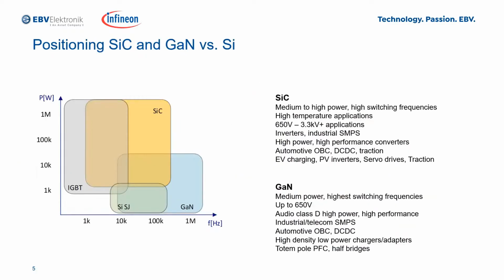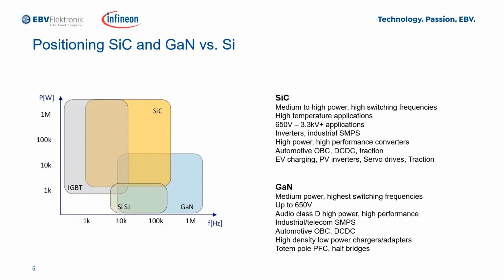Having said this, there is a question: in which application is the best fit GaN, silicon carbide, or silicon? And here there is a famous graph that can maybe give a hint in which direction to think. For sure, gallium nitride is reserved for very high switching frequencies. Then we still have IGBTs that are leaders in low switching frequency, very high power equipment.